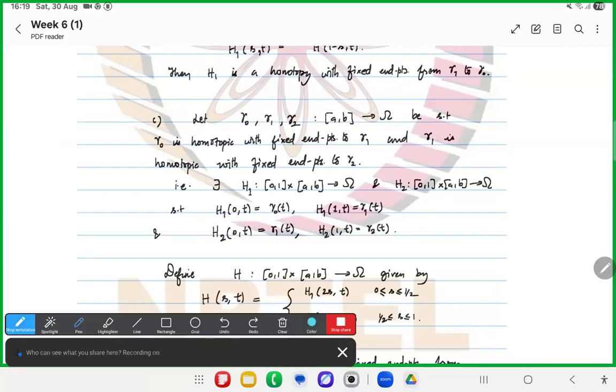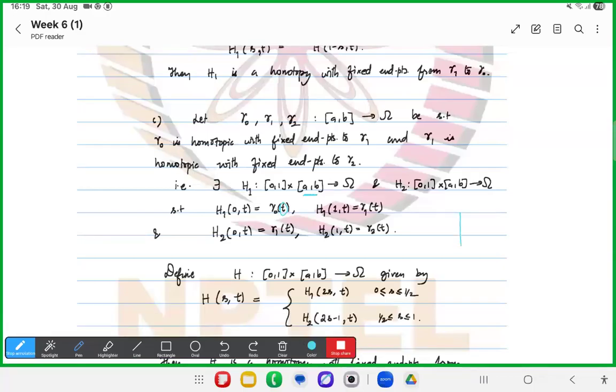I hope now I can write. So we can change these things inside the interval t. In place of t, we can place a parameterization. Parameterization is given by a non-decreasing function, so t can be replaced by that function, phi of t, in the homotopy.